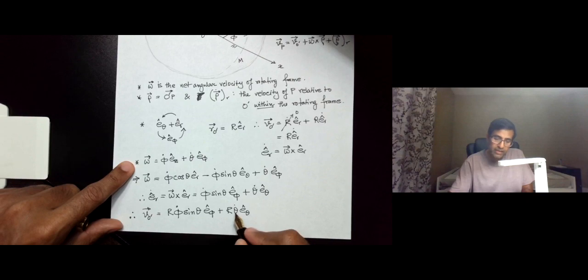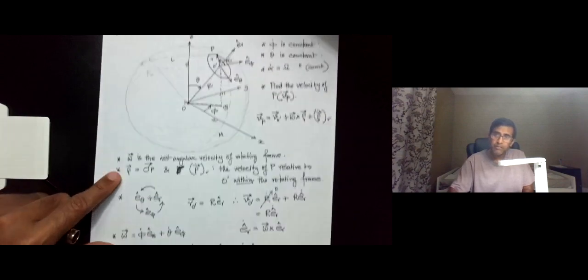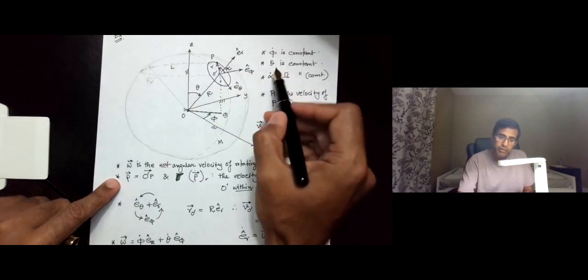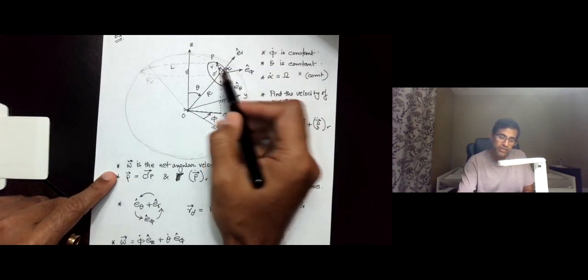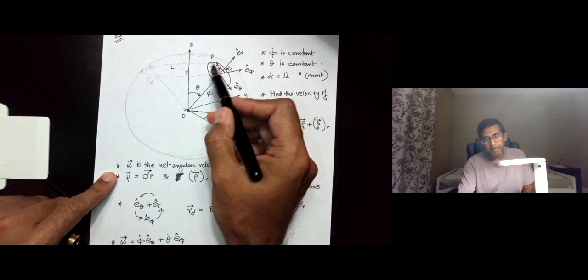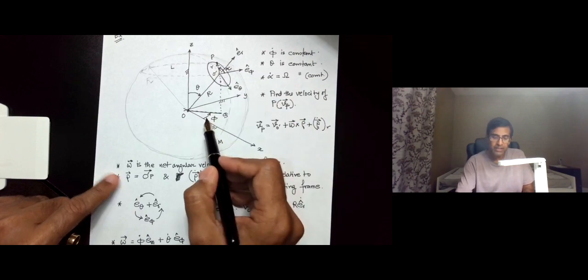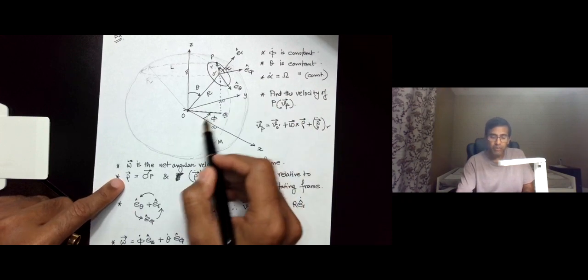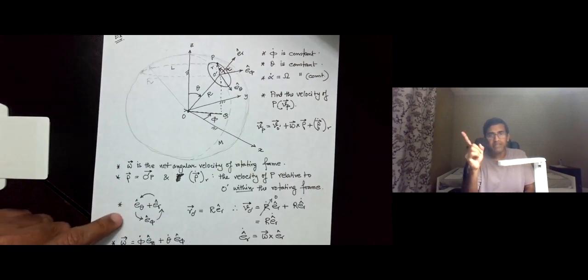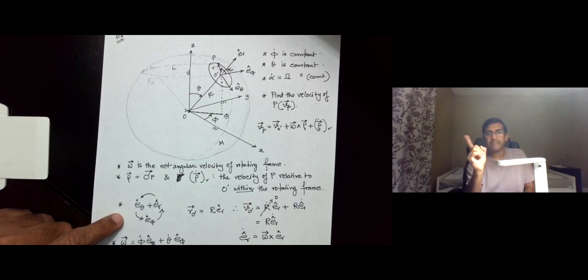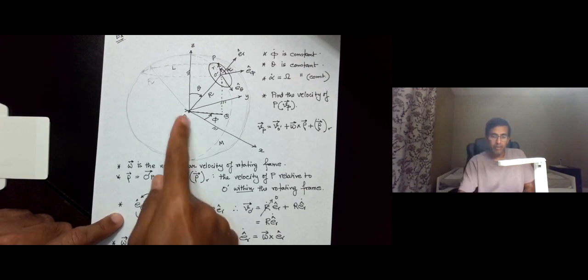Now note that in this problem we have mentioned that theta is a constant, which means that as the gyroscope is spinning and precessing, this phi dot motion leads to what is called a precession of the gyroscope. So as the gyroscope is spinning about its axis, the axis itself is spinning about the z-axis.